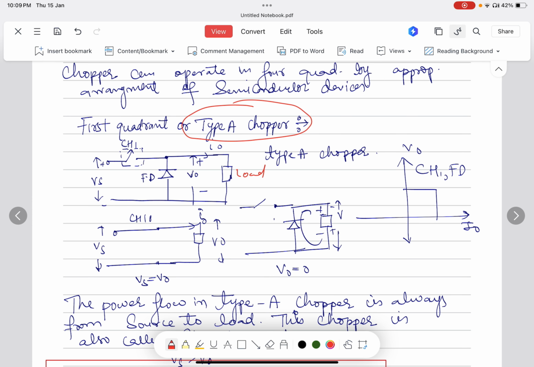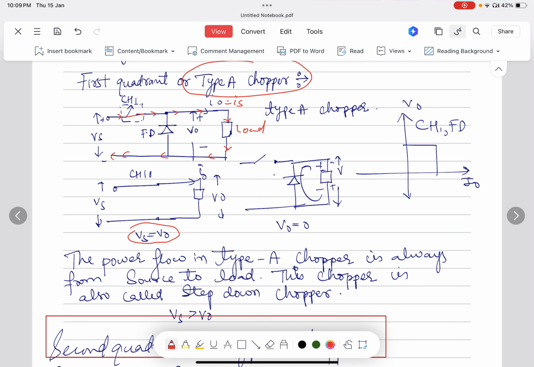When this switch is on, the current starts flowing through the circuit to the load and then returns back to the supply negative. When the switch is on, the source voltage is equal to the output voltage. Also the load current is similar to the source current.